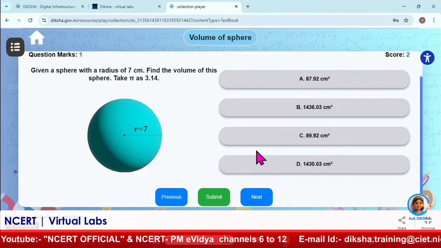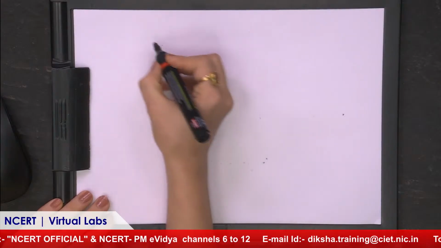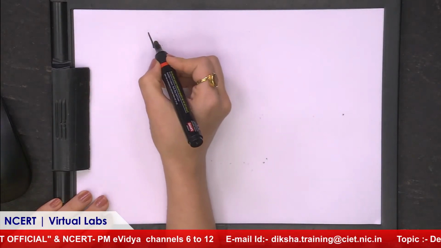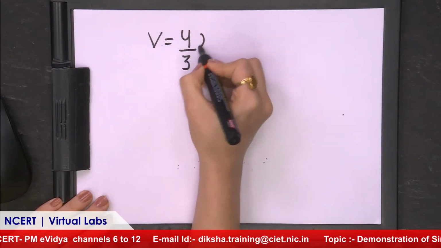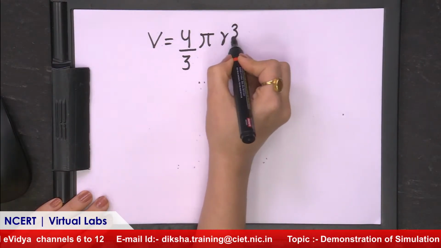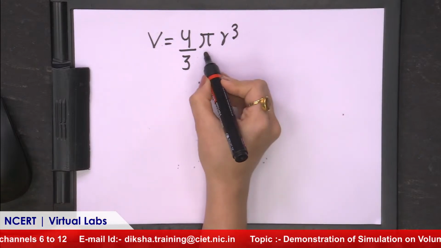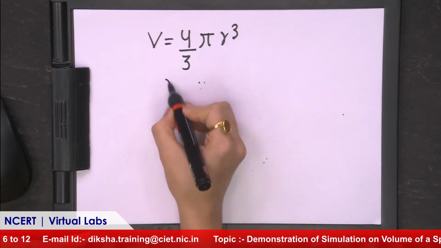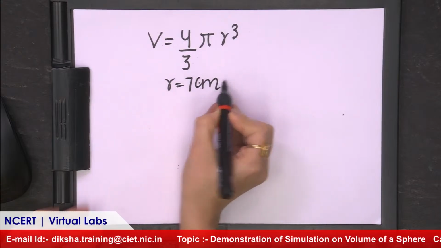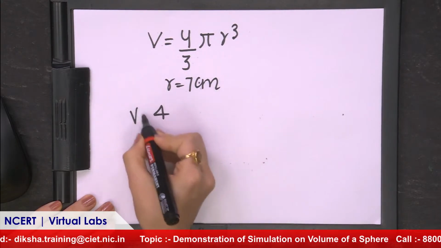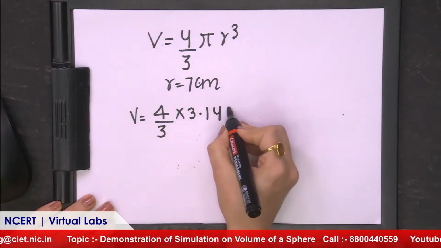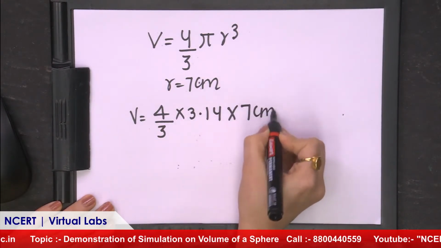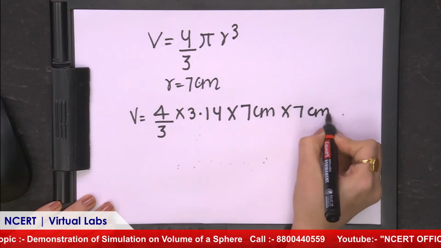So again write the formula of volume. You can simultaneously solve it on the rough sheet also, like ma'am is doing. The formula is 4 by 3 pi r cube, and you have to put the value of pi as 3.14 and r is 7 centimeter. So the volume is 4 by 3, pi as 3.14, and 7 centimeter, 7 centimeter and 7 centimeter.